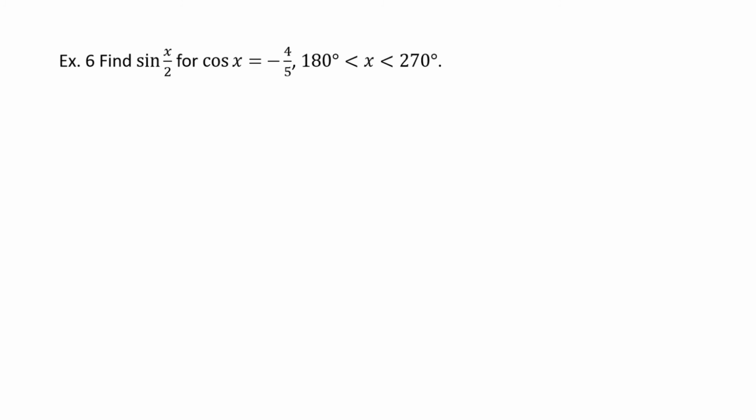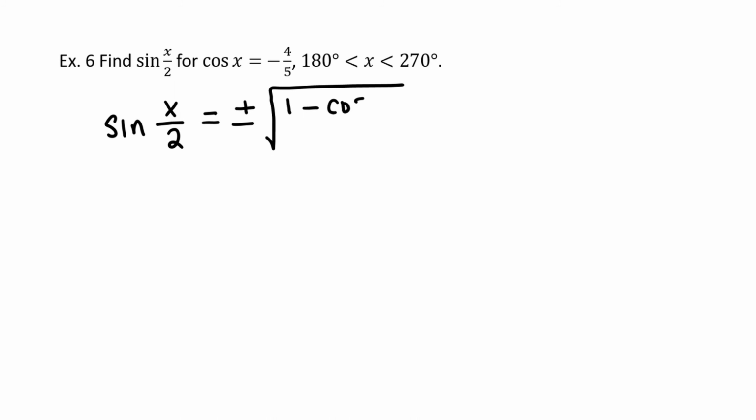Find the sine of x over 2 for cosine x equals negative 4/5 for x between 180 degrees and 270 degrees. So let's see, we need sine, the half angle formula, so this is going to be plus or minus the square root of 1 minus cosine x divided by 2.